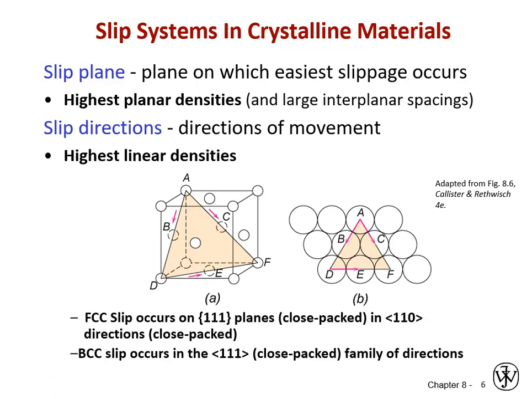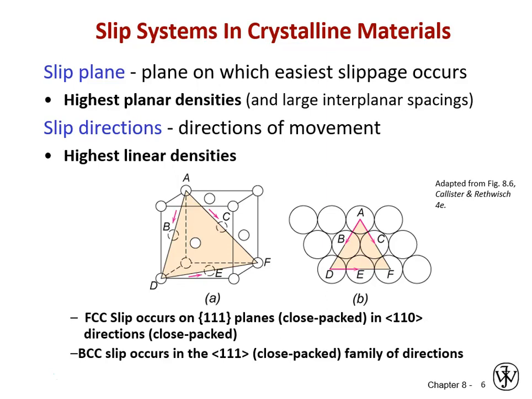And on those planes, the dislocations will move first in the close packed direction, which is your face diagonal, where all the atoms are touching. So that is the 110 family of directions. So to repeat, even a face-centered cubic system, which is things like, I believe, aluminum, I believe silver is face-centered cubic.